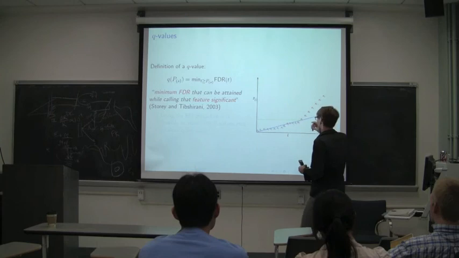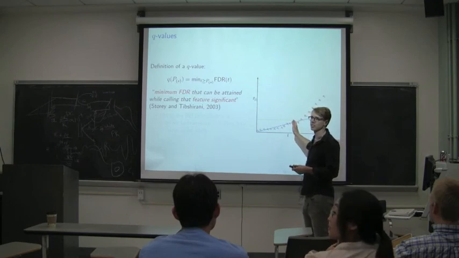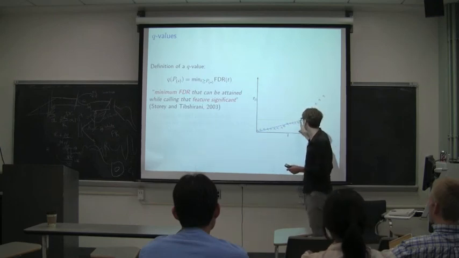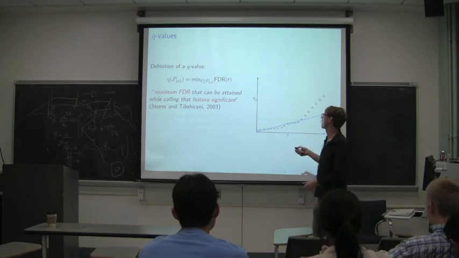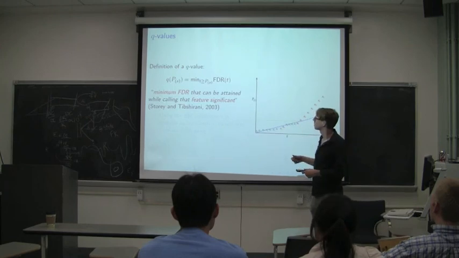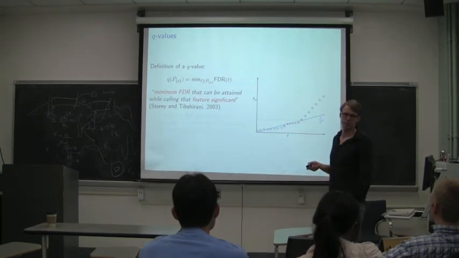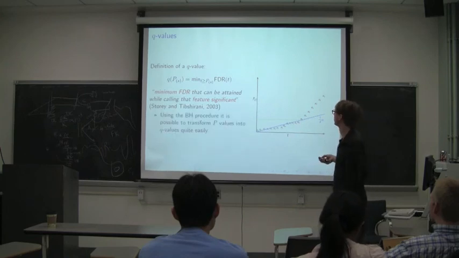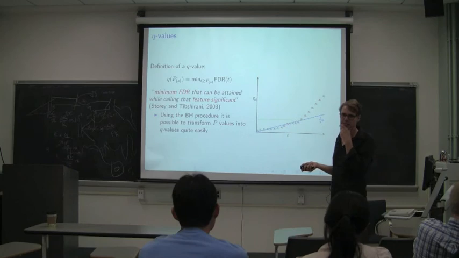By looking up the table of expected FDR at each threshold and taking the minimum FDR such that this would be significant, we get what we call a q-value. You can use these q-values as an alternative to p-values.